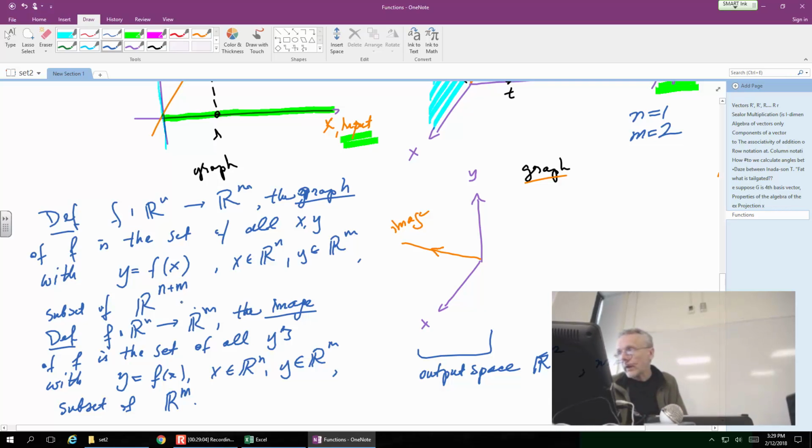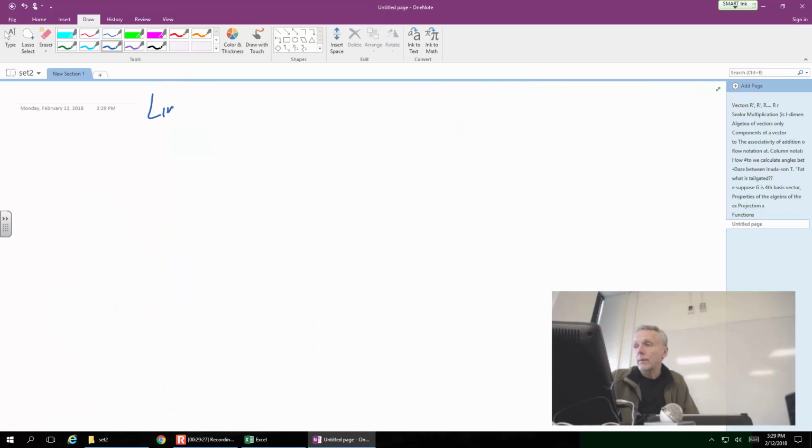At this time, all I want to do is study lines on the plane. As you can see, we already guessed that both the graph is a straight line in R3, and the image is also a straight line in R2. So, lines on the plane.